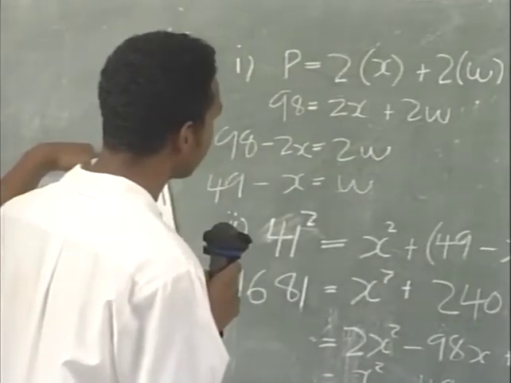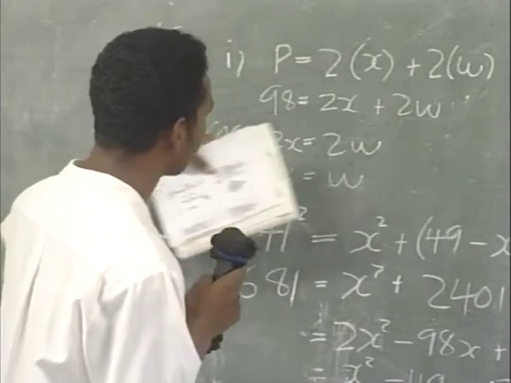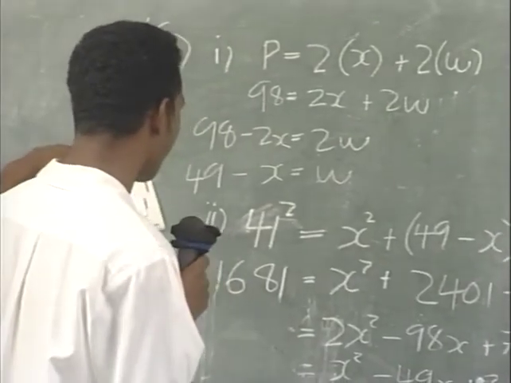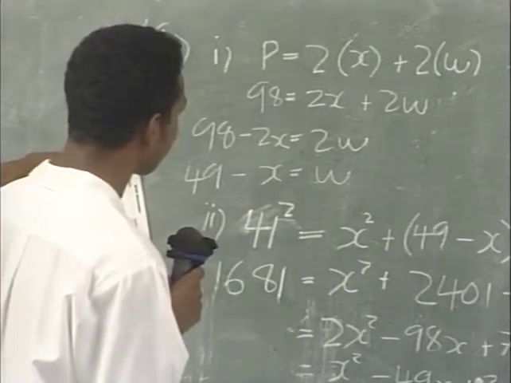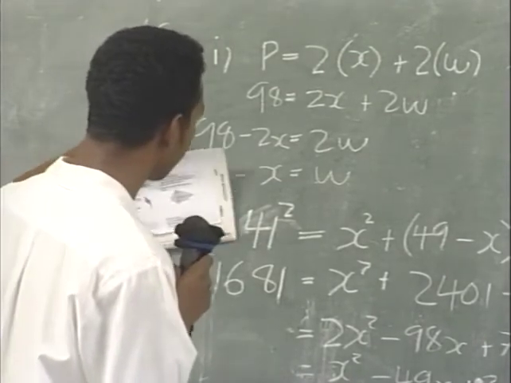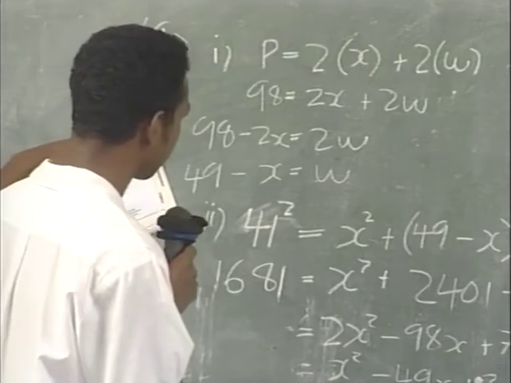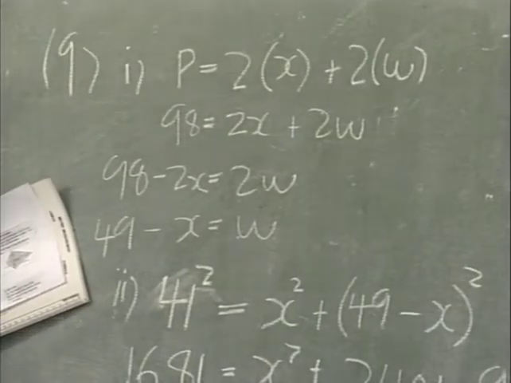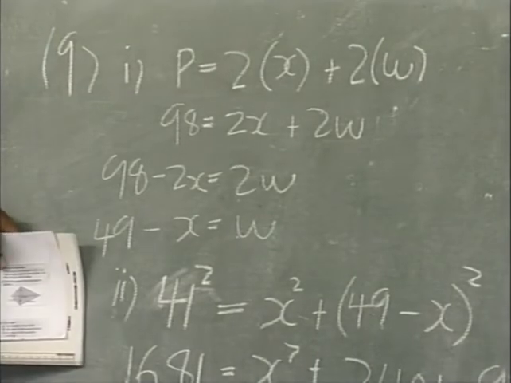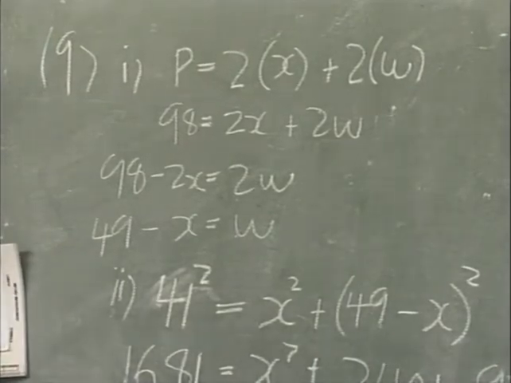Perimeter is 98, so I subtract 2x from 98. I get 98 minus 2x equals 2w. And I divide by 2 on both sides. It's 49 minus x equals width.